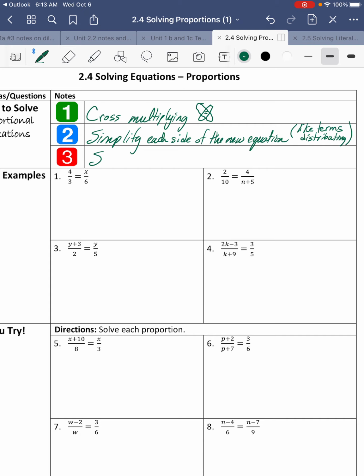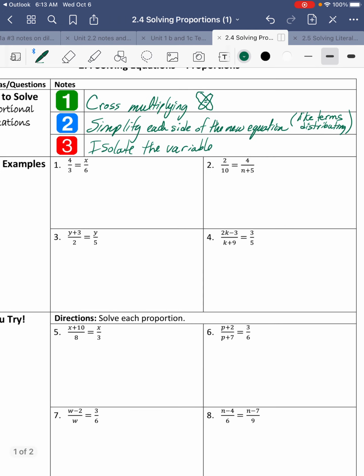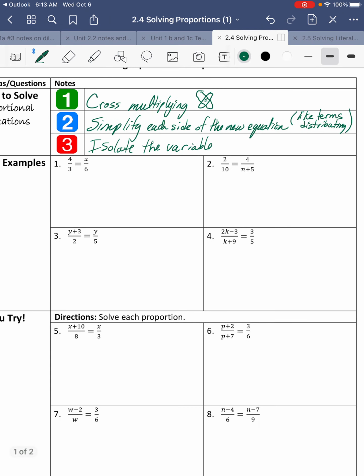And then lastly, you solve or isolate, let's say isolate, get the variable by itself. Isolating the variable means you're solving for it. So all right, let's get started.